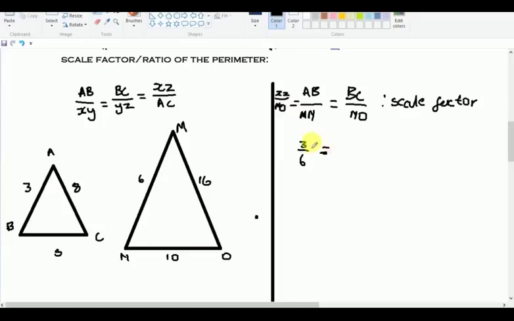So the answer that you're going to get here is our scale factor. So this is just half.